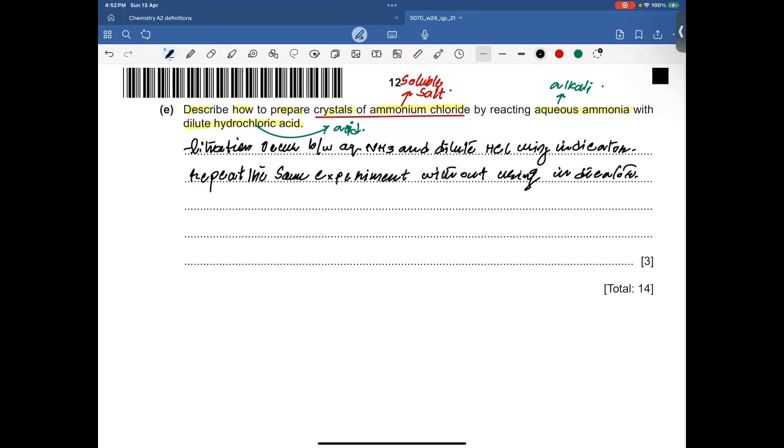Make a saturated solution through heating.